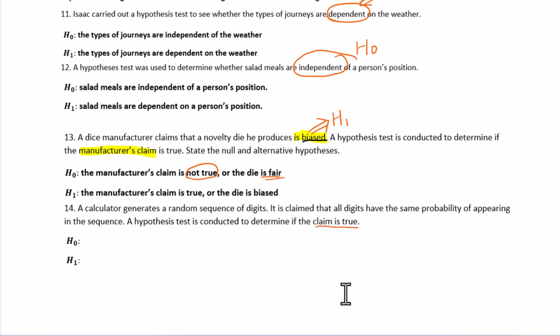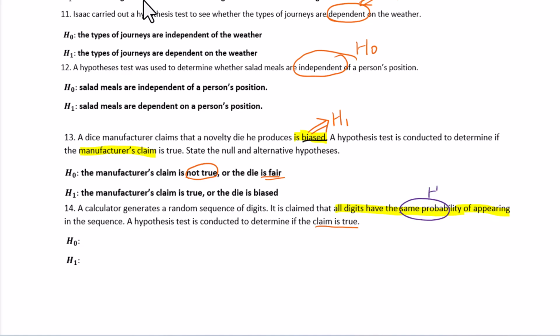What's the claim? The claim is that all digits have the same probabilities of appearing in the sequence, which means the probability follows a certain pattern.